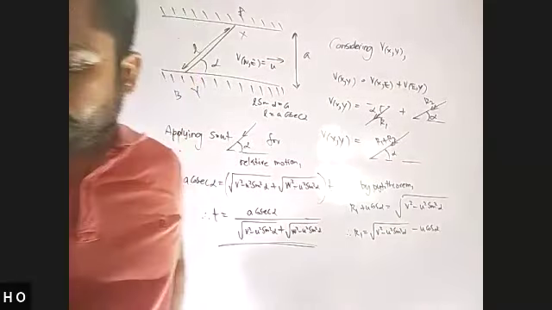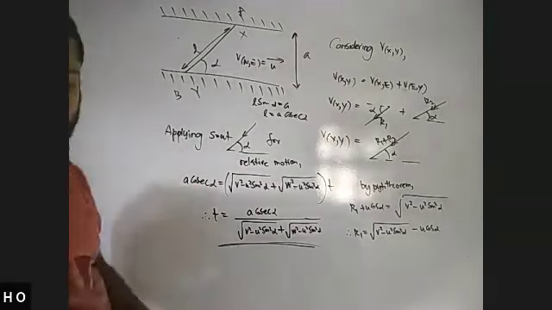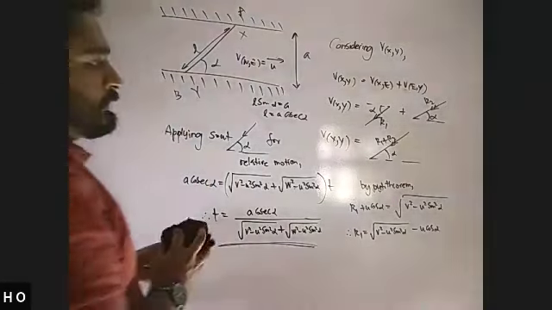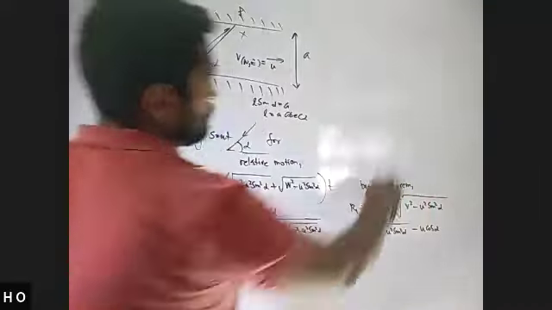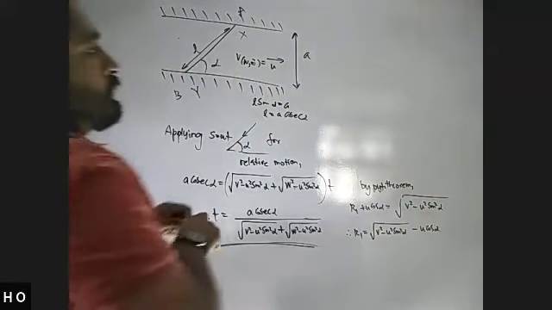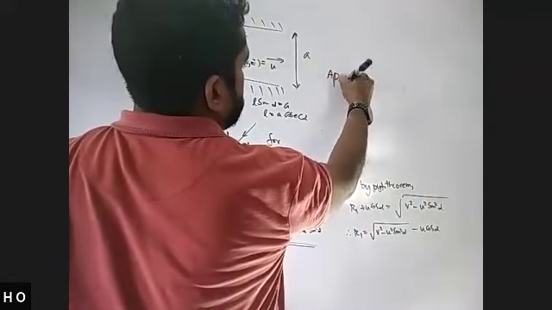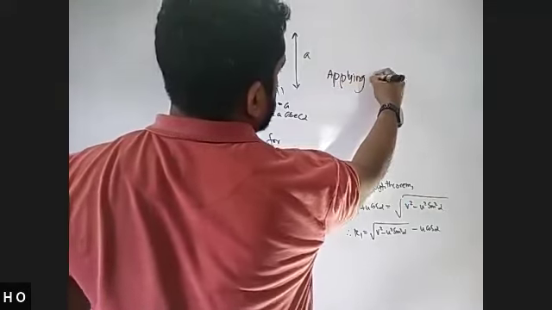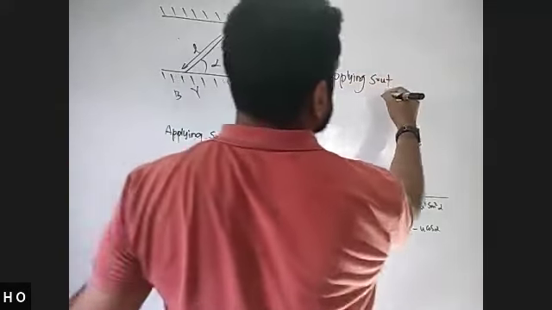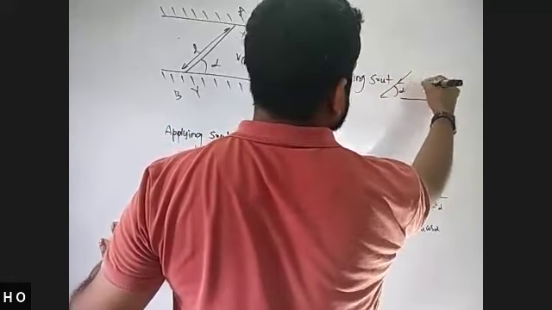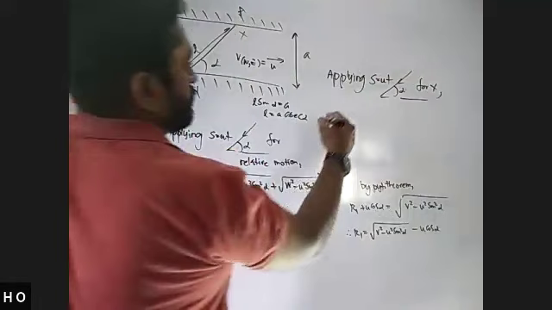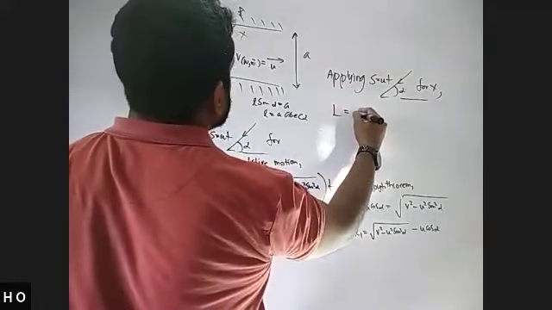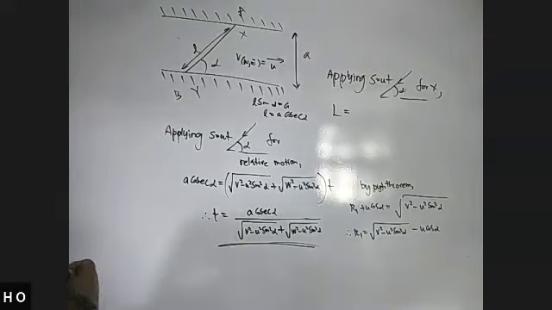All right. So in finding the time, you just need to apply s equals ut for x, right? Let's say the distance is R1 for x. We named R1 for x.